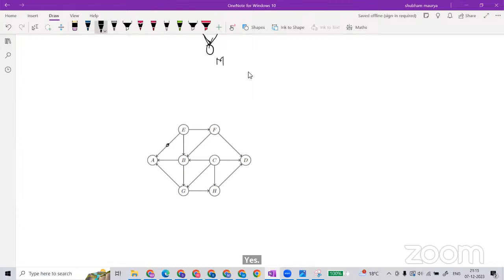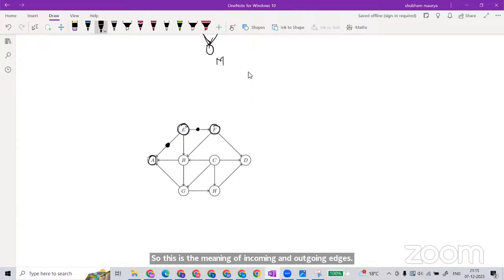So if you take this edge, it is an outgoing edge for this vertex, but the same edge is an incoming edge for this vertex A. Similarly, this edge is again the outgoing edge for E, but an incoming edge for F. This is the meaning of incoming and outgoing edges.